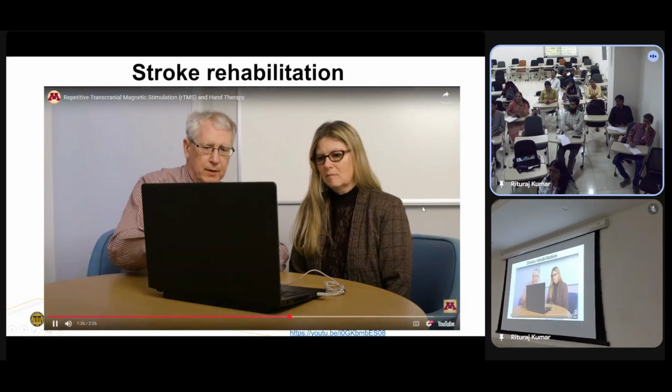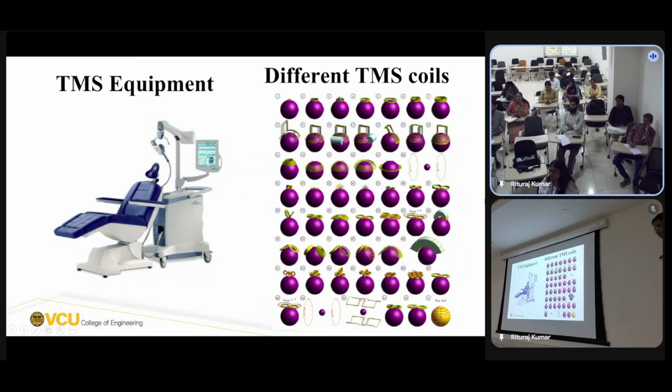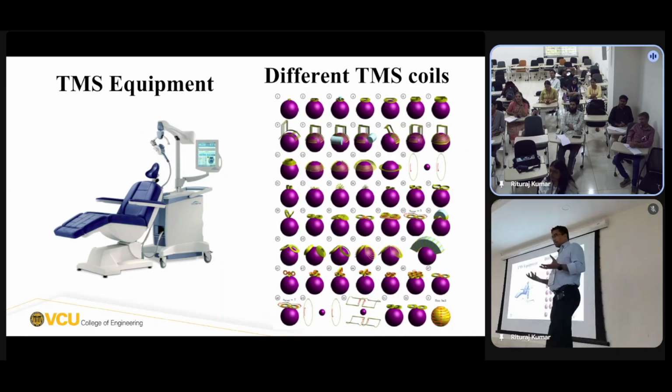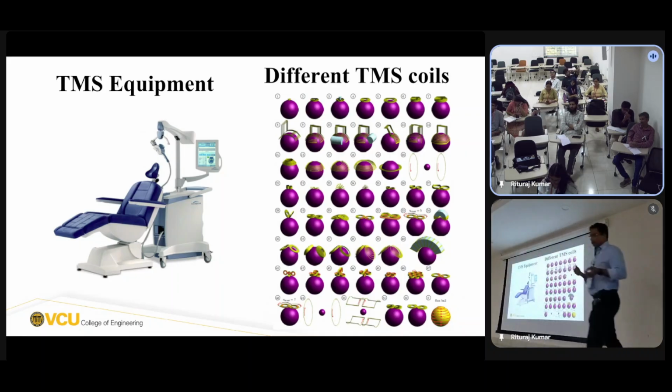Okay. After the brain stimulation. So basically, if a person has a stroke, one part of the brain area is dead, so the other part of the brain area is still active, but it doesn't normally do the motor function. So you activate it to make the motor function.